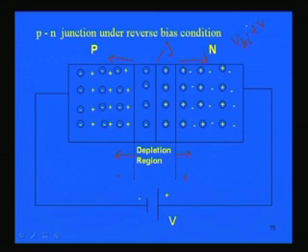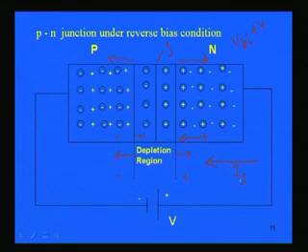The only current which will be flowing, and that too in the micro-ampere order, is due to the minority carriers, because minority carriers are holes in the N type and electrons in the P type. The positive terminal of the battery will be repelling the minority carriers, which are holes from the N side, to cross over. Similarly, the negative terminal will be repelling the electrons to cross over. So, a current called the reverse saturation current will flow.